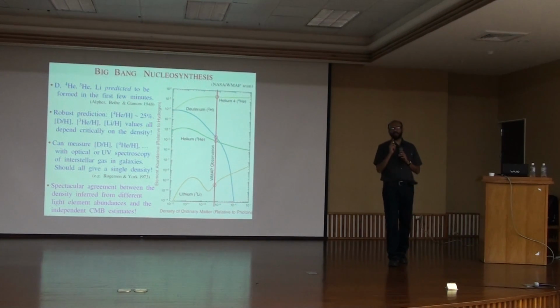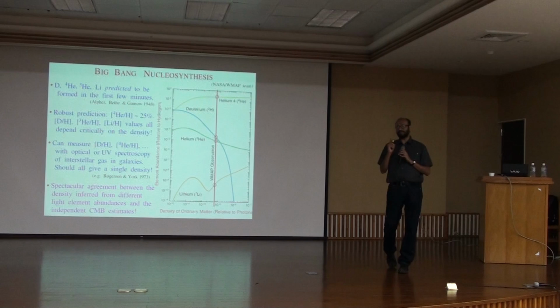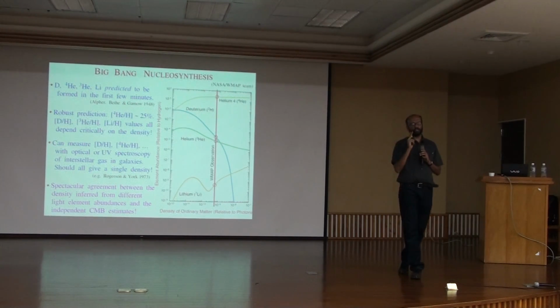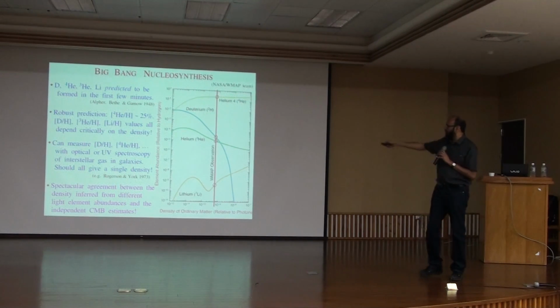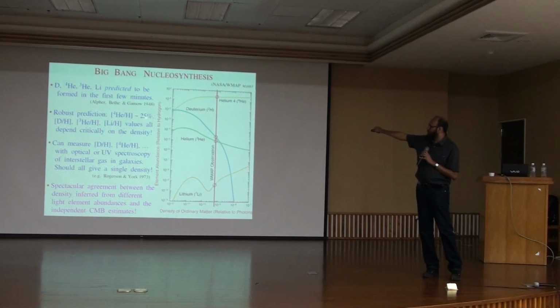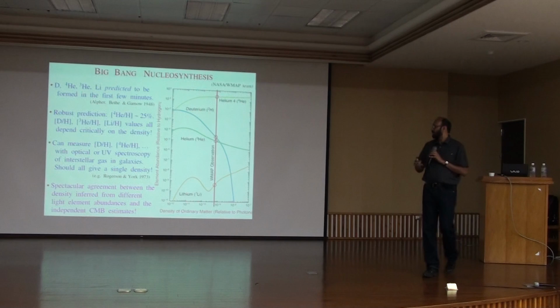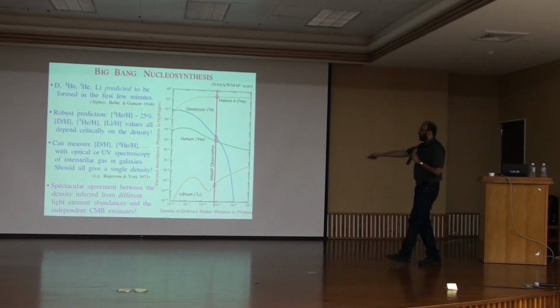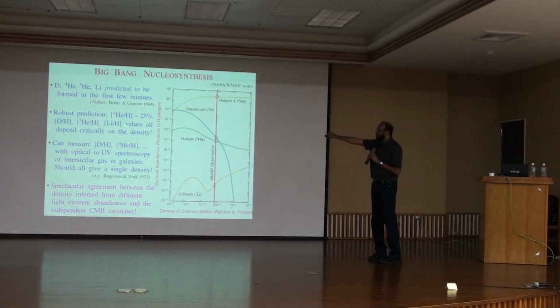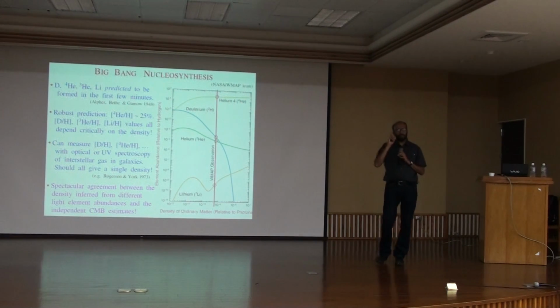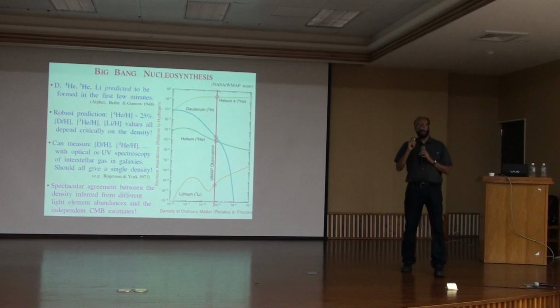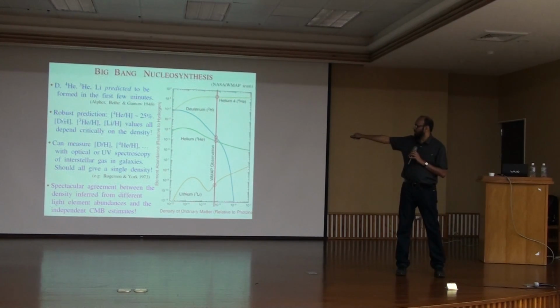And the wonderful thing is that if the Big Bang is right, I have 3 clear predictions. The first prediction is that 4He by hydrogen should be 25% everywhere, all over. The second prediction is that all of these values, because they depend on the density, using the value that I measured, I can determine the density in the universe.